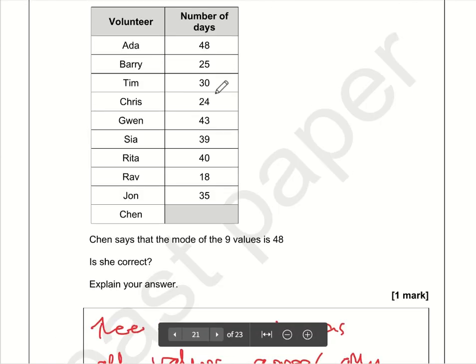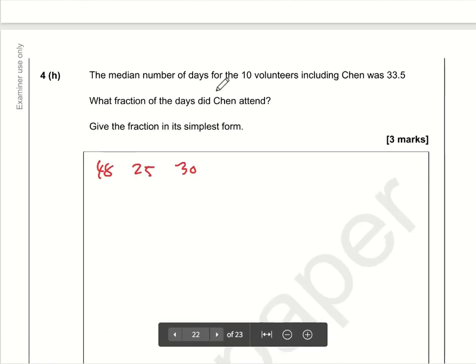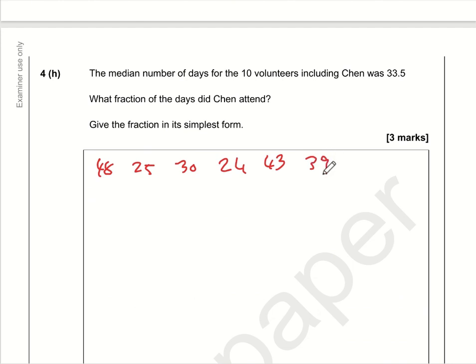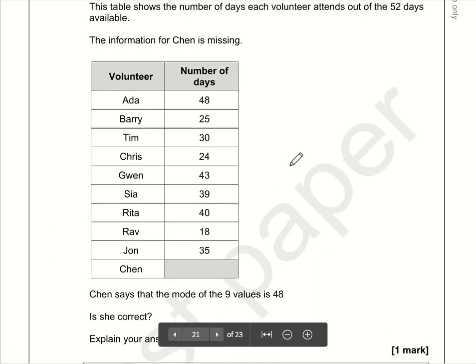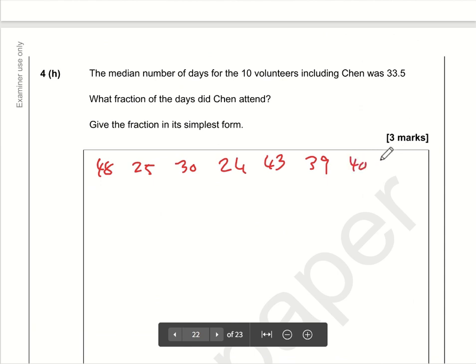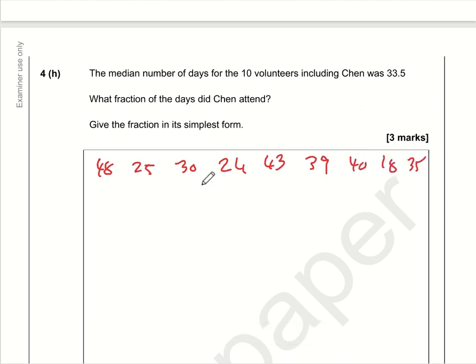The next 3: 24, 43, 39, I believe it was. That's right, 40, 18, 35. Okay, so to work out the median, I need to put them in order and find the middle value. That's normally how we find the median.